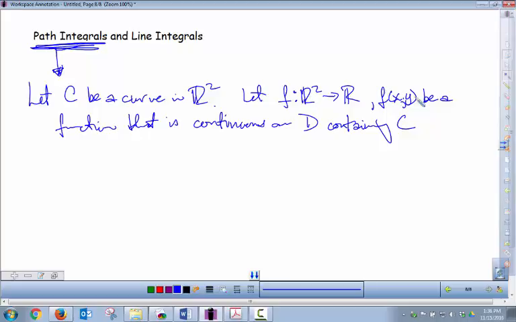Those are like the restrictions. So I'm going to see if I can draw a graph here. Now I know this is happening in 2 dimensions, but I want to take a look at this as a 3-dimensional object, because the function is some function that's up on top here.